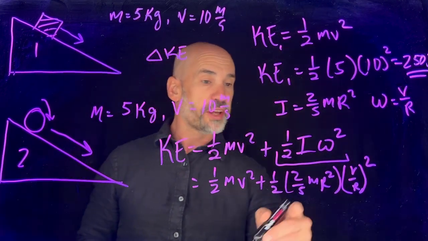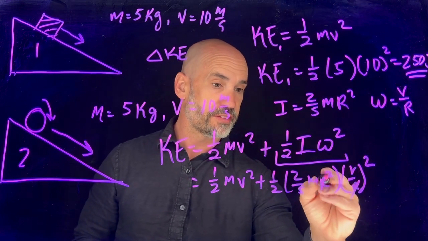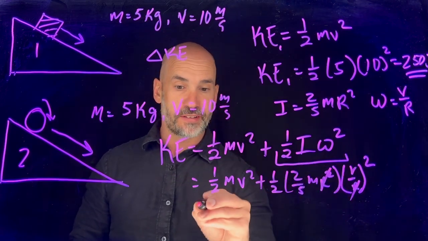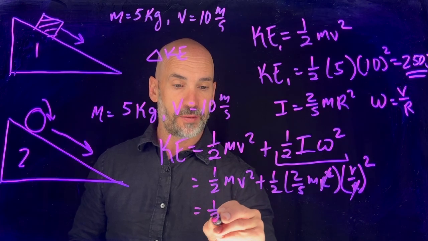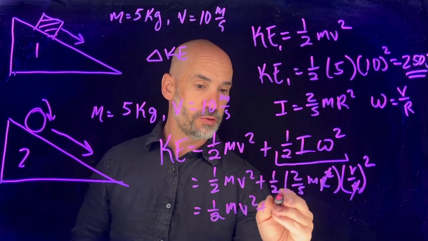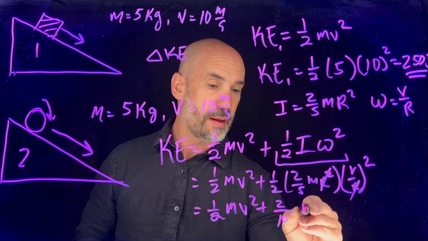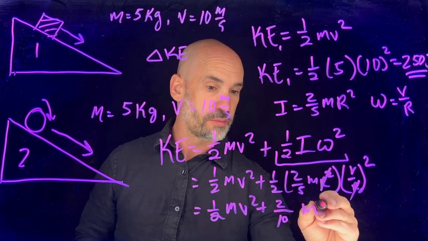Okay, cool thing about this is this r squared on the bottom is going to cancel with this r squared, so that's going to go away. And then this is just going to become 1/2 mv squared plus 1 times 2 is 2, and then 2 times 5 here is 10, so 2/10 m. The r's cancel out, so I'm just left with the v squared.